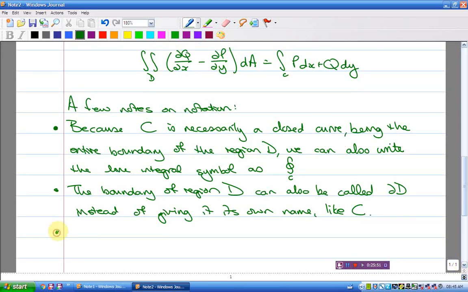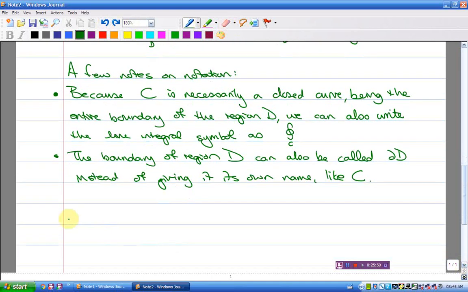And then I've got one last thing. It's not actually notation, so I shouldn't really be doing it as a bullet point. The most obvious use: now the equation for Green's theorem has a double integral on one side and a line integral on the other side, and you can use Green's theorem in either direction. You can turn a double integral into a line integral, or you can turn a line integral into a double integral.